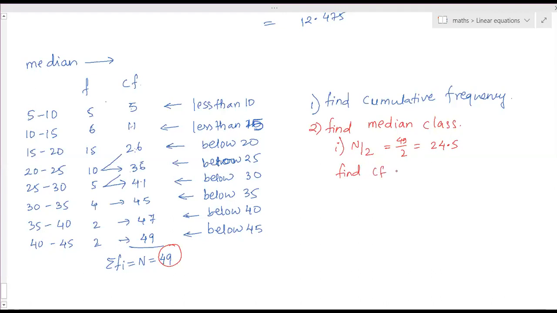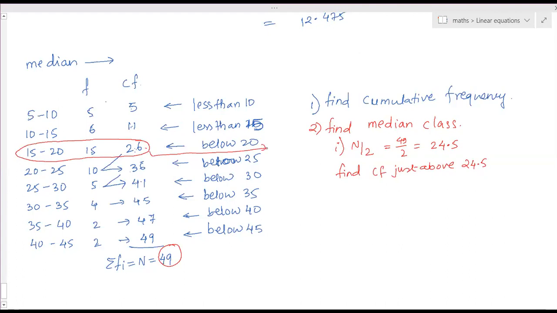Find the cumulative frequency just above 24.5. Just above 24.5, that is 26. Is that clear? Just above 24.5, which is the value? 26. So this class is the median class.